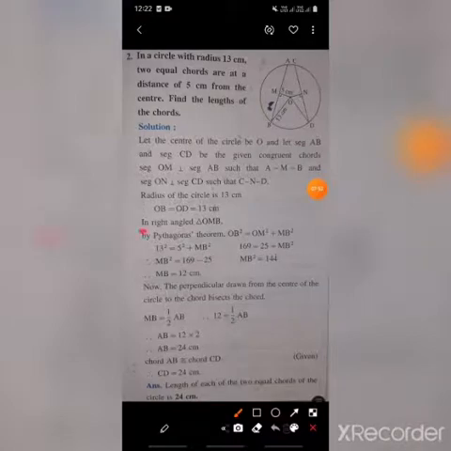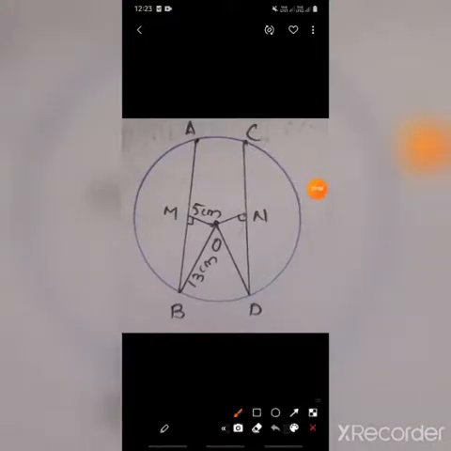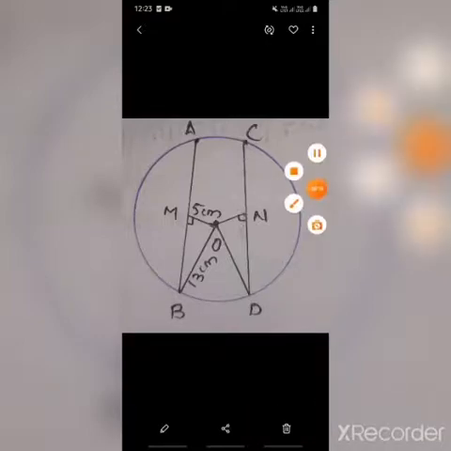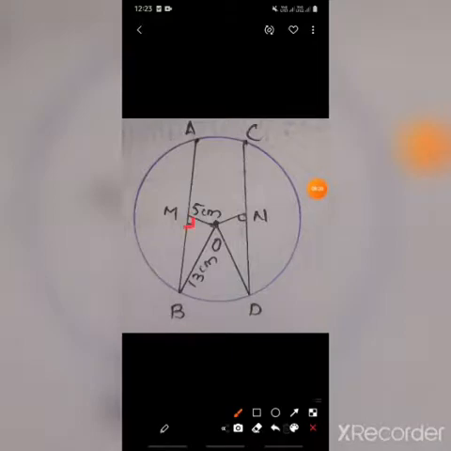Then in right angle triangle OMB, we have to use the Pythagoras theorem. Which side should we take as the opposite of the right angle? M has a 90 degree sign here, so the side opposite will be the hypotenuse.